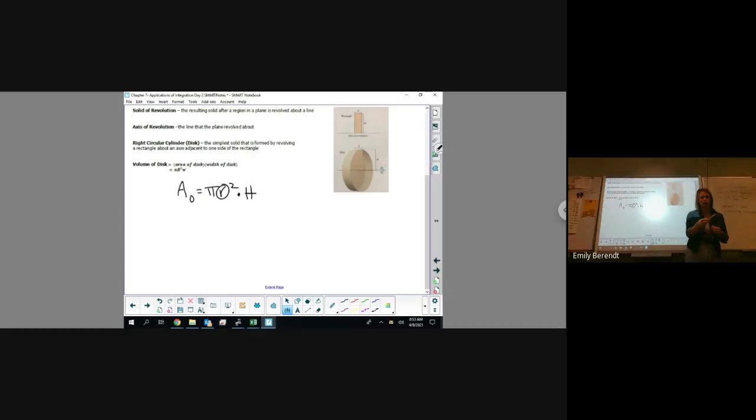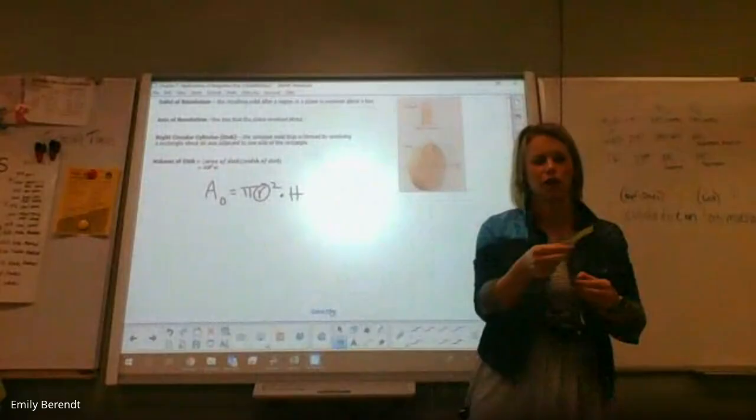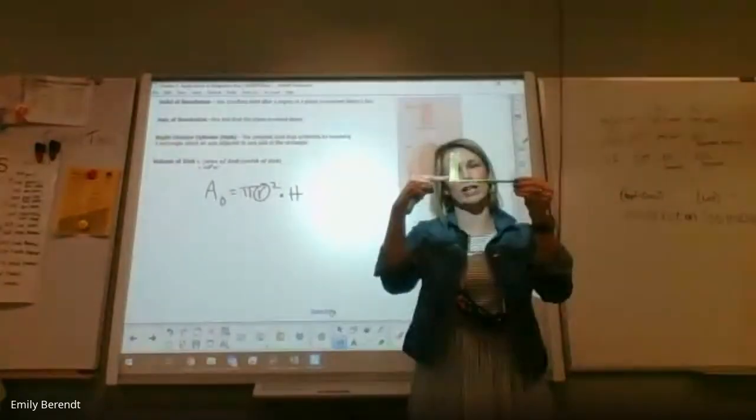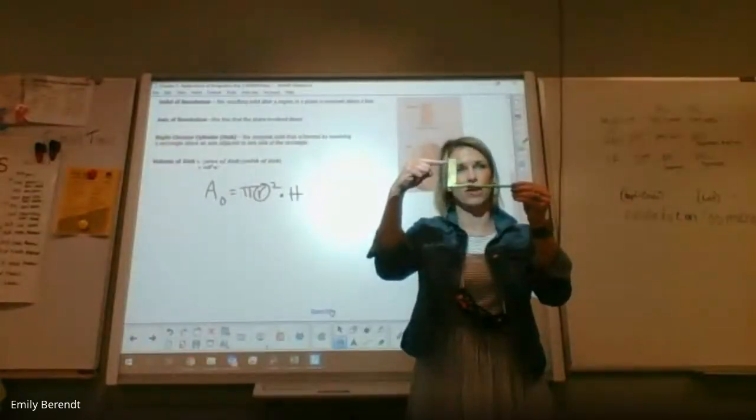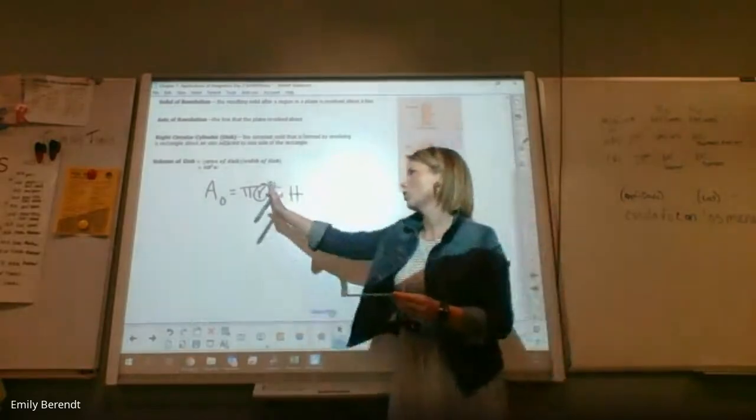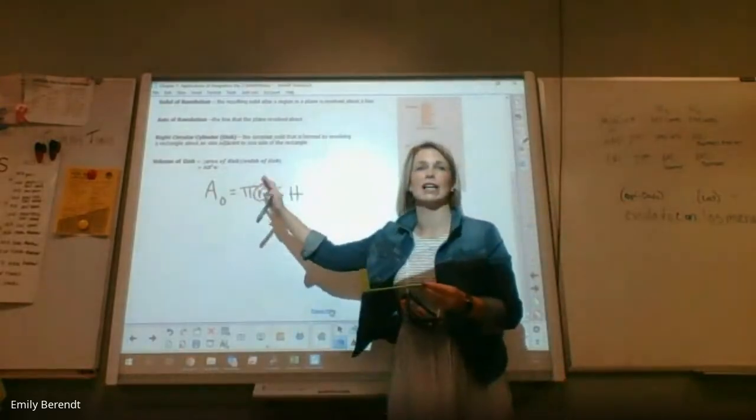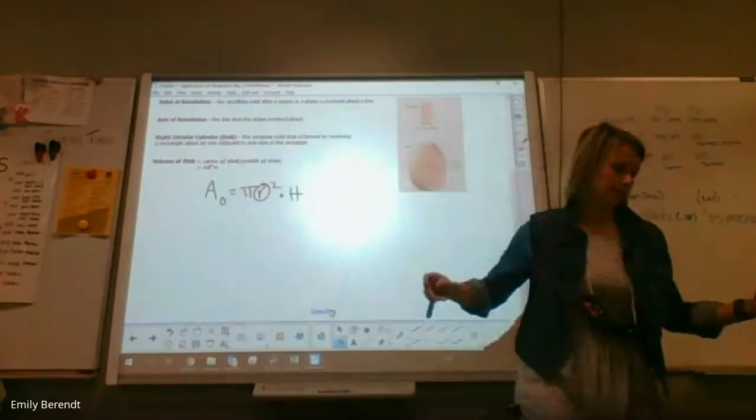So if this was the x-axis, the top of your rectangle would touch your function, the bottom of it would touch zero. So if you did top minus bottom and your bottom is always zero, then the radius of your circle is really just the function itself. So the radius will be represented by your function, f of x.